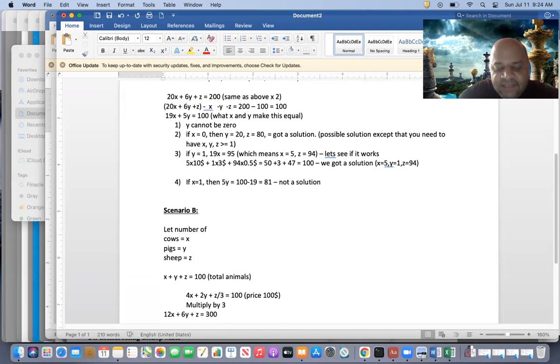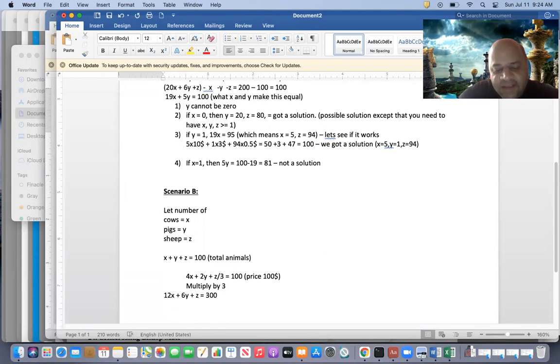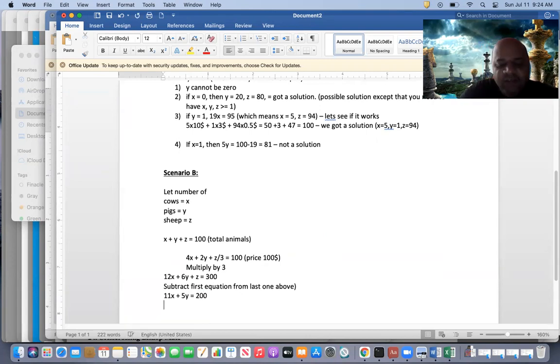Now we subtract the first equation from this one. 12x minus x is 11x, plus 6y minus y is 5y, and z minus z is gone, equal to 300 minus 100, that is 200. Now we have to try out solutions.